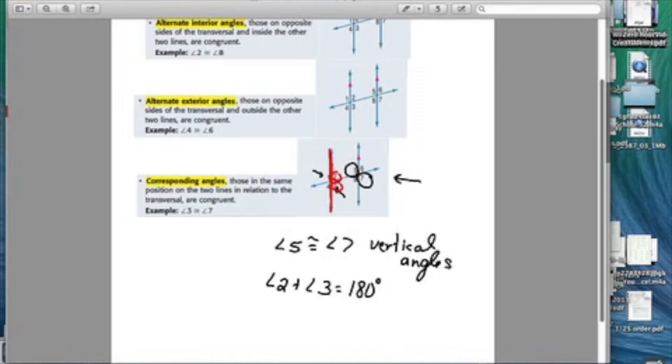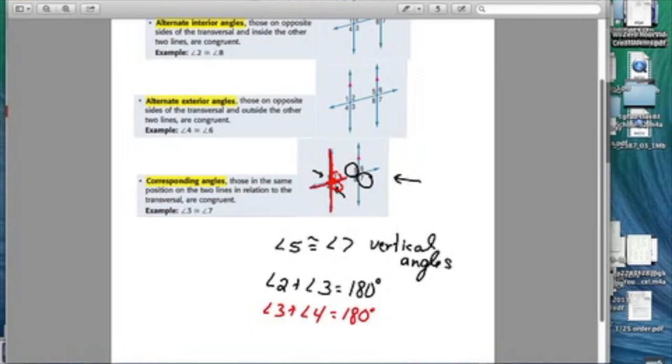Well, we also know that angle 3 plus angle 4 equals 180 degrees because those two make a straight line right there. And there's a whole bunch of those pairs in there. I just want to remind you of those things from the discussion that we had last week.